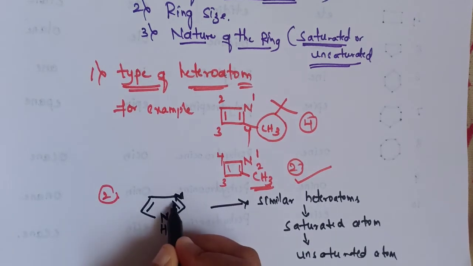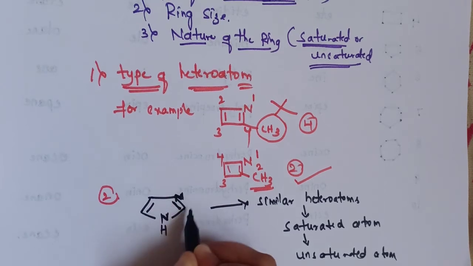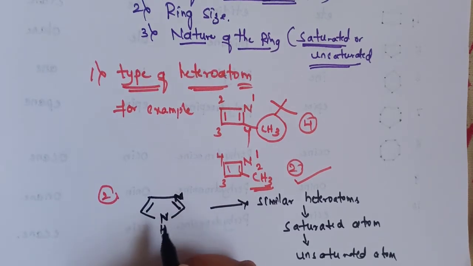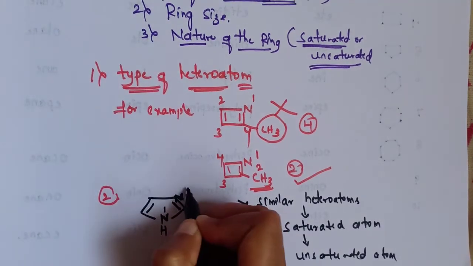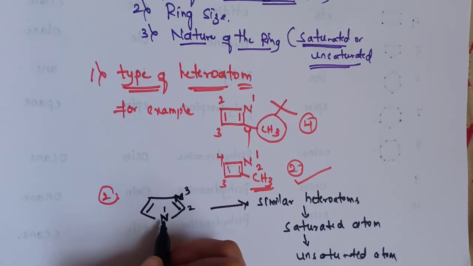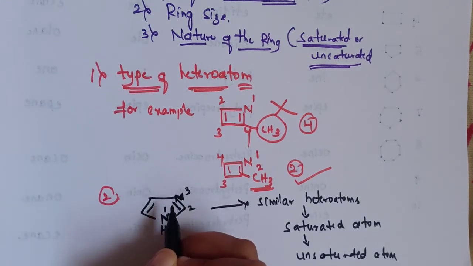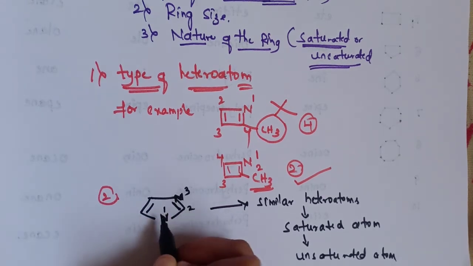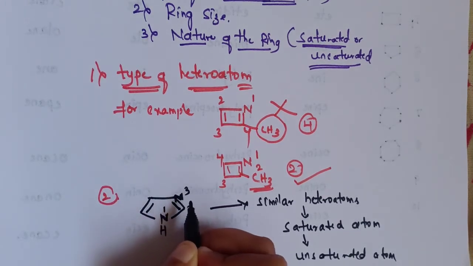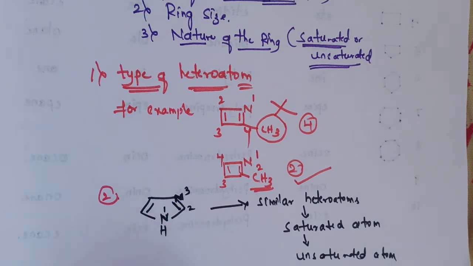See, here this nitrogen is present along with the double bond, so it is an unsaturated nitrogen, whereas this nitrogen is not, so we should name it as 1, this as 2 and this as 3. If I name it like 1, 2, 3, 4, this nitrogen will get 4. So if I name like this, 1, 2, 3, it is the lowest possible number.